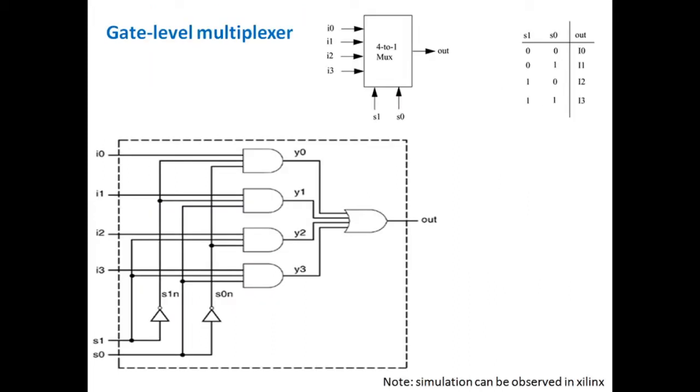Let me see one gate level multiplexer here. This gate level multiplexer has 4 inputs, I0, I1, I2, I3, provided with 2 selection lines S1 and S0, and this is the output. How can this 4 to 1 multiplexer be modeled in gate level abstraction using hardware realization?